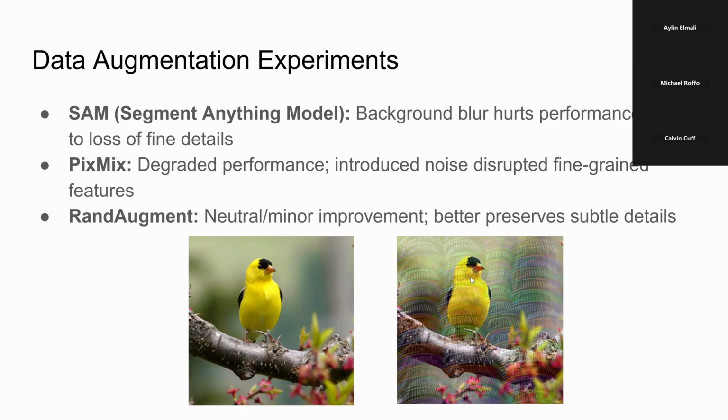We felt that these most likely hurt performance as they introduced noise or disrupted the fine-grained details that are needed, whereas RandAugment was more neutral with only minor improvements, as these augmentations were not as severe, so they likely better preserved the subtle details.